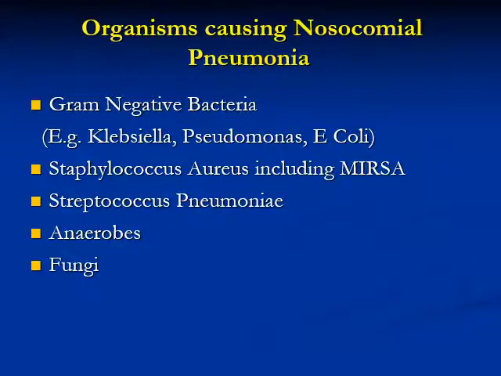The organisms which cause nosocomial pneumonia, as I mentioned, commonly are gram-negative bacteria like Klebsiella, Pseudomonas, and E. coli. And these usually are resistant to the usual antibiotic. Second, Staph aureus, including MRSA, methicillin resistant Staph aureus.